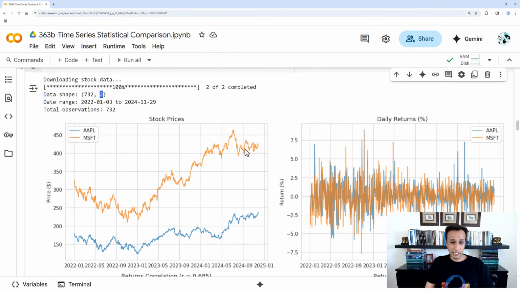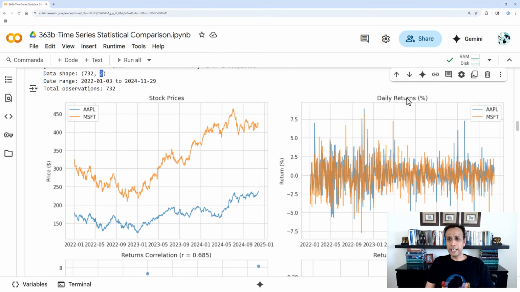But if you plot the daily return percentage, I don't see much of a difference between Apple and Microsoft. I say I don't see, but that doesn't mean anything. You have to perform statistical tests to confirm. My opinion doesn't matter. That's why we have statistics, right?